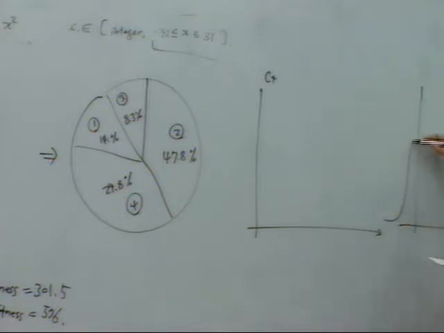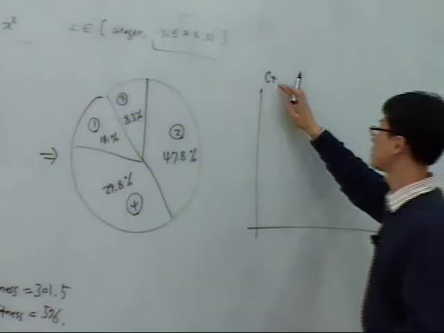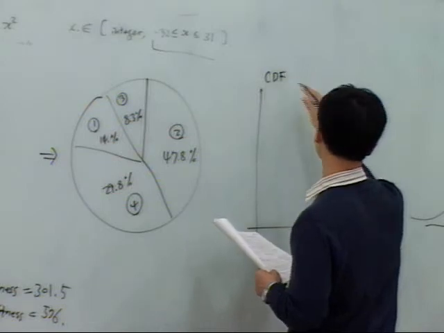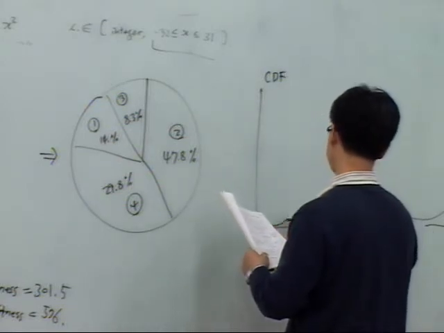It's a bell-shaped curve around the average value. Looks like this, and this is the probability density function, we call it, right? And we can easily transform this probability density function into the cumulative density function, CDF. And it will look like something like this.